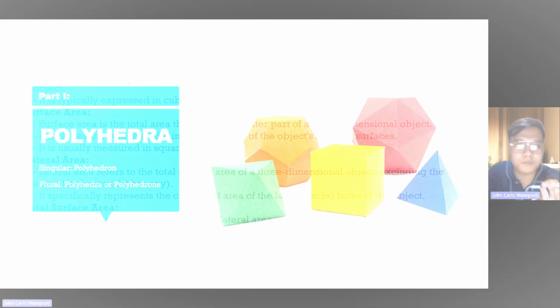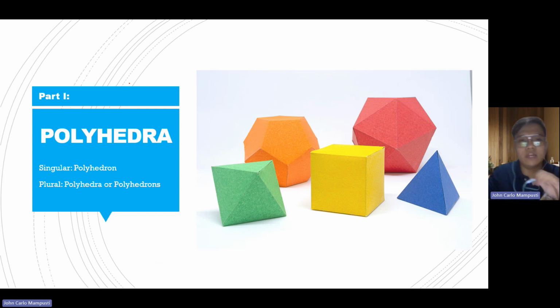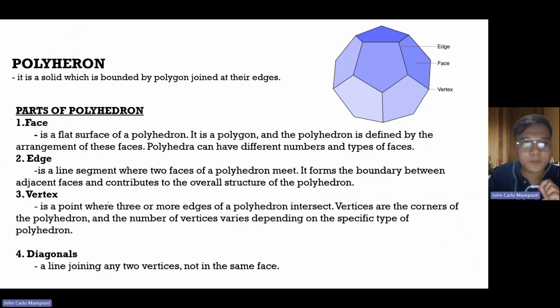Okay, so punta na tayo doon sa part 1 natin. We have the polyhedra. Sa polyhedra, yung singular nito is polyhedron and the plural is polyhedrons or polyhedra. So what is a polyhedron?